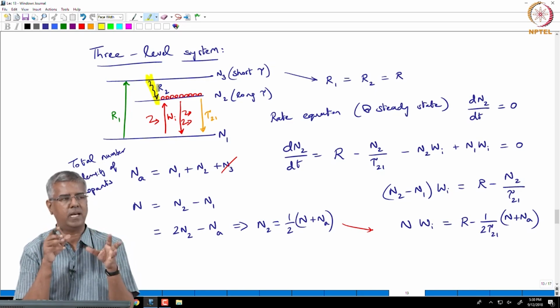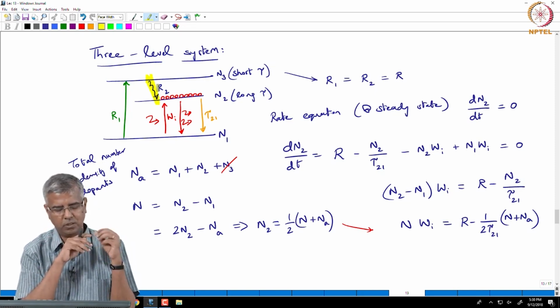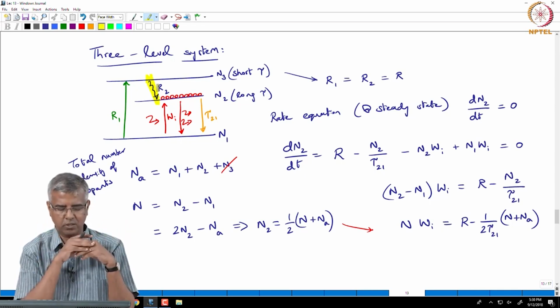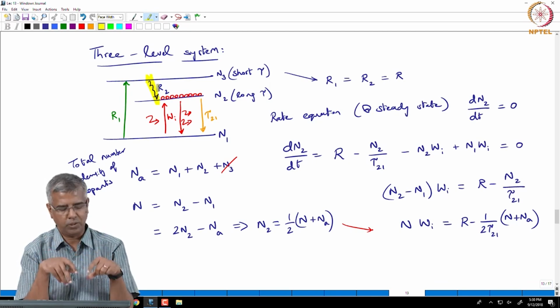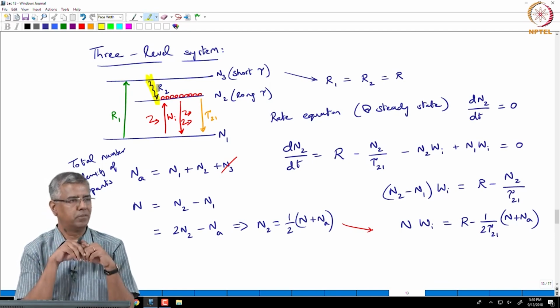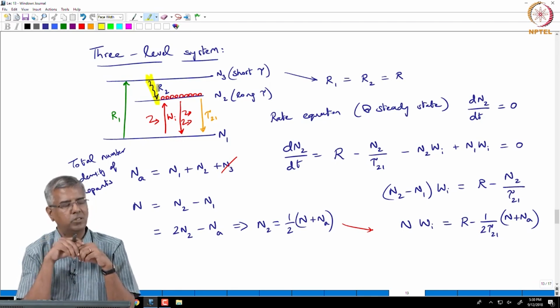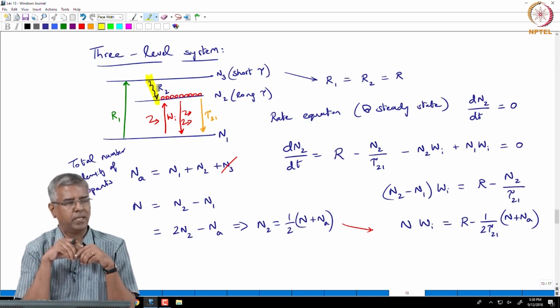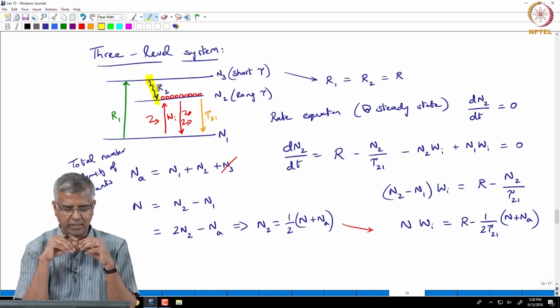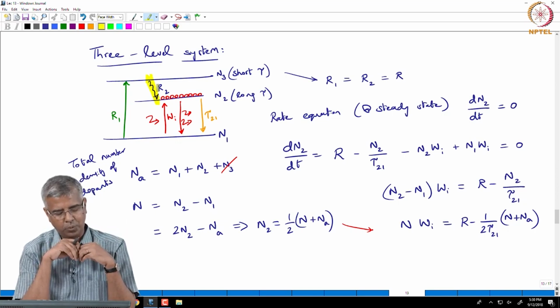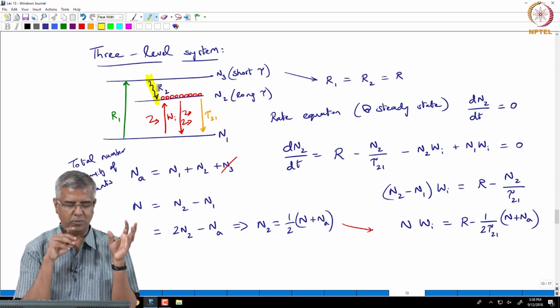So, we went to a glass host, it's called Z-blan, it was basically a zirconium based glass, and in that glass the phonon energy was so low that we could get this as a radiative relaxation, and we could demonstrate lasing at 3 microns. At that point, we demonstrated watt level output power from a 3 micron laser, which was a world record.